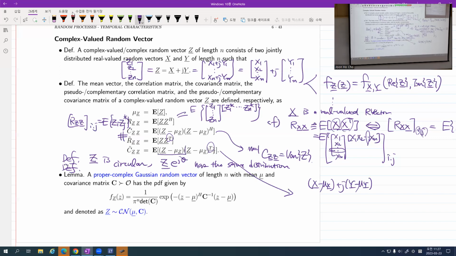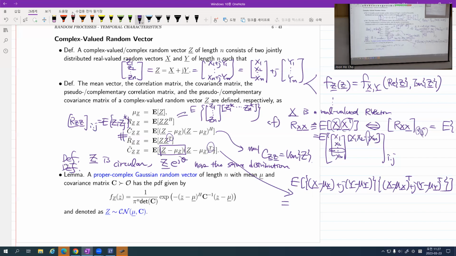This is the first vector, right? And the second one is x minus mu x, and we have transposition. So we have four terms. The first one is what? This times this, an ensemble average.